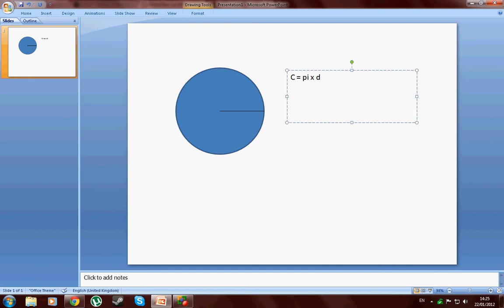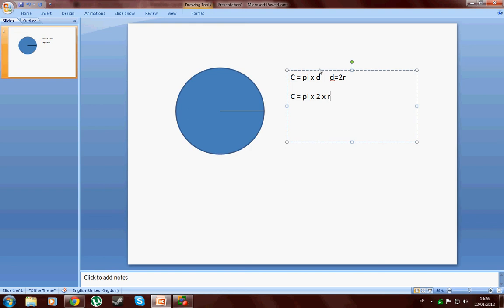So you can adapt that formula, because the diameter is double the radius, so one diameter is 2 radii. You can change that formula to be the circumference is pi times 2 times r. Pi times 2 radii, which is the same as pi times diameter.